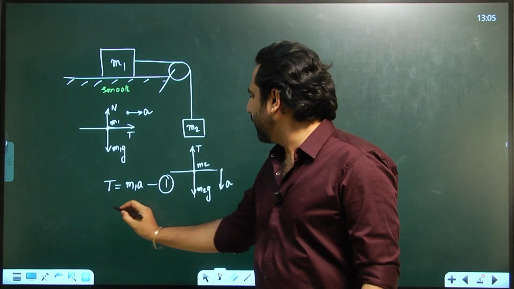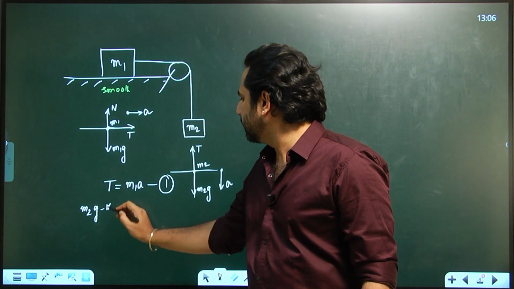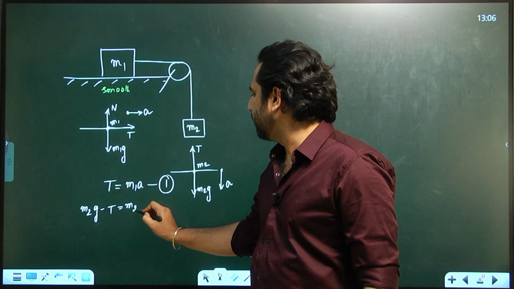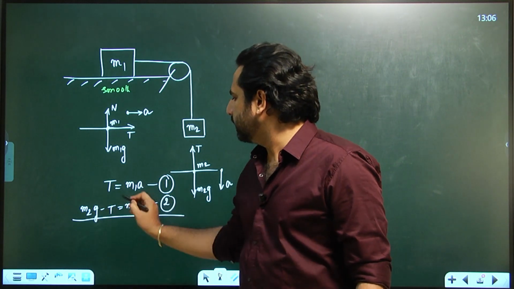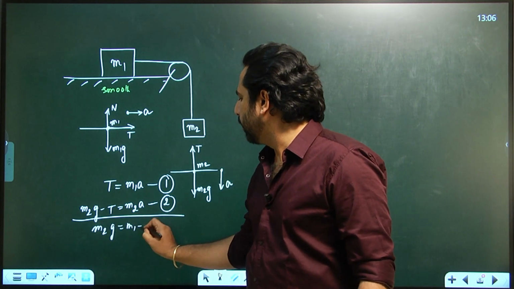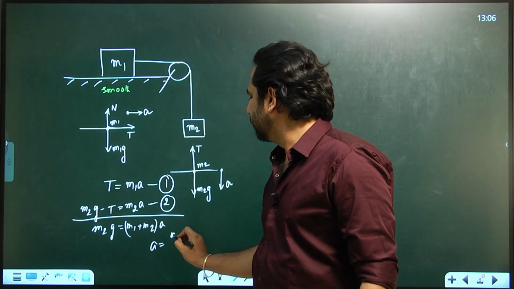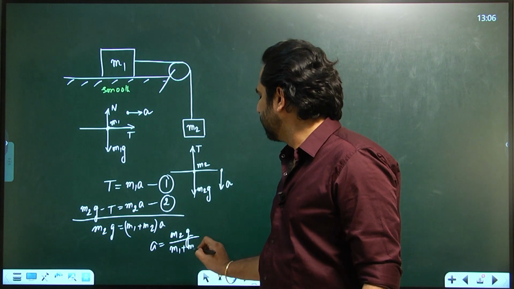From the second free body diagram, net force is m2g minus T, which is equal to m2 into a. Second equation. Adding these two, T is gone, m2g is equal to m1 plus m2 into a. So a is equal to m2g by m1 plus m2.